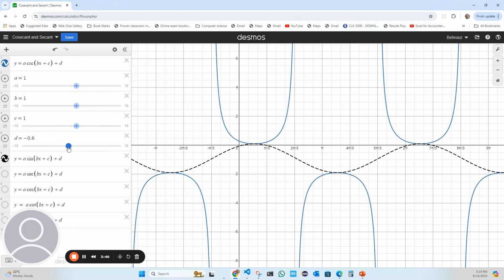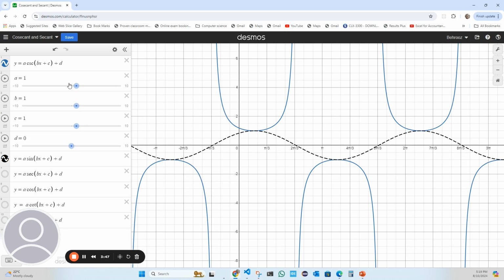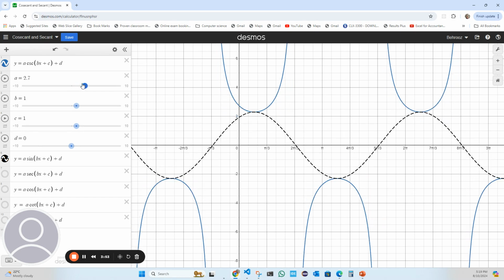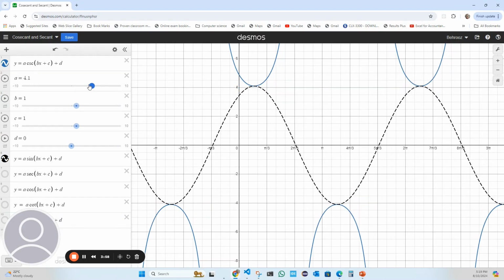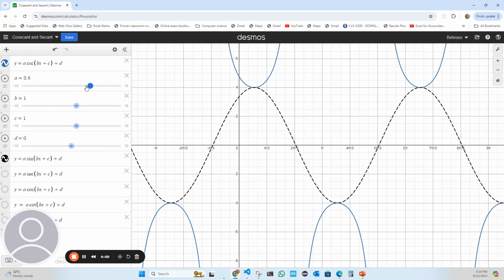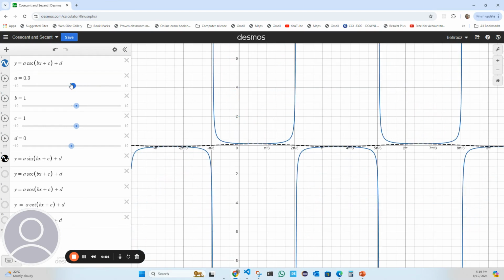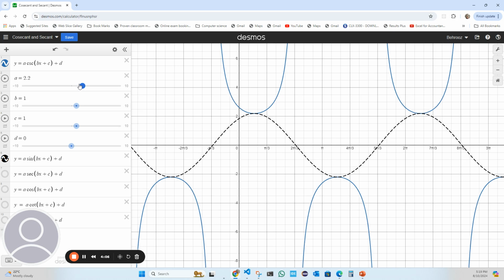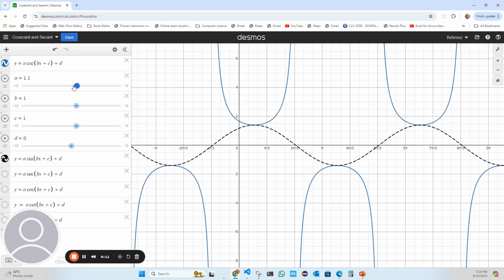Its usual value would be 0, because we wouldn't have any translations for the normal graph. The value of A will stretch the graph in the y direction. So when I increase the value of A, I'm increasing the amplitude of the sine curve, and the cosec curve will have such movements as well, because cosec is the inverse of sine.